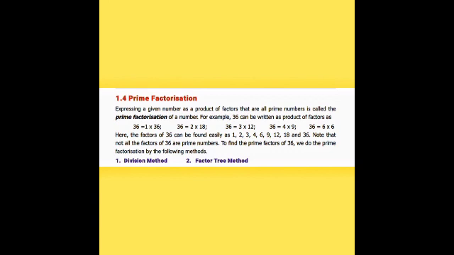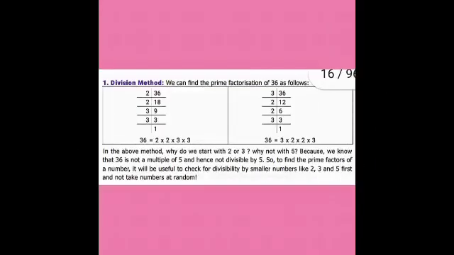To find the prime factors, we have two methods. This was the method for finding the factors of 36. Here we are going to find the prime factorization of 36. We have two methods. One is the division method, another is the factor tree method. First we will see the division method. What is meant by the division method? We should put a long L, and that is called the division method.